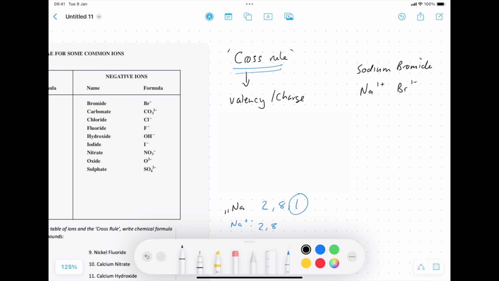So we've got 1+ and 1-. You simply cross the numbers. The one goes to the bottom of the bromine, and then the other one goes to the bottom of the sodium. So you end up with Na1Br1, or in other words, NaBr. So that is the formula for sodium bromide.